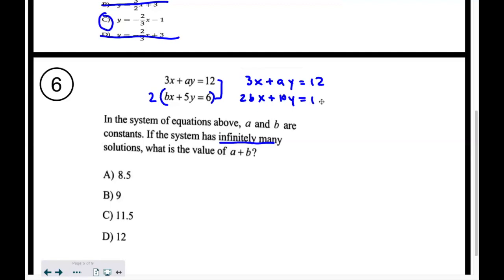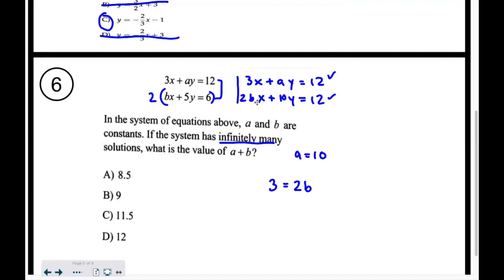All right. So again, infinitely many solution problems in standard form like this are when the x's, the y's, and the constants are all the same. Well, the constants are the same, so that's good. Now, in order for the y's to be the same, a would have to just equal 10. In order for the x's to be the same, 3 would have to equal 2b.